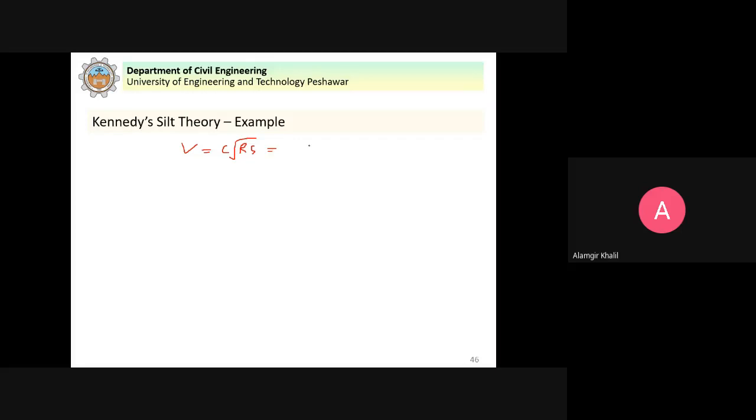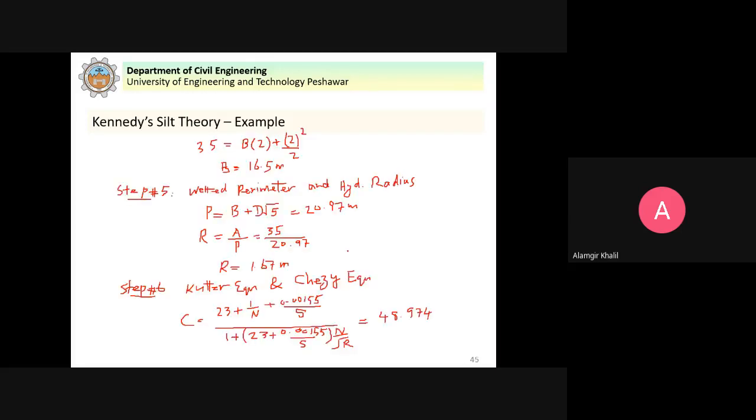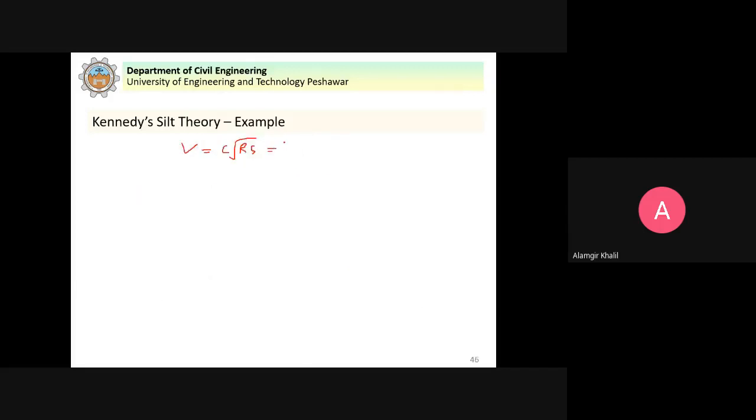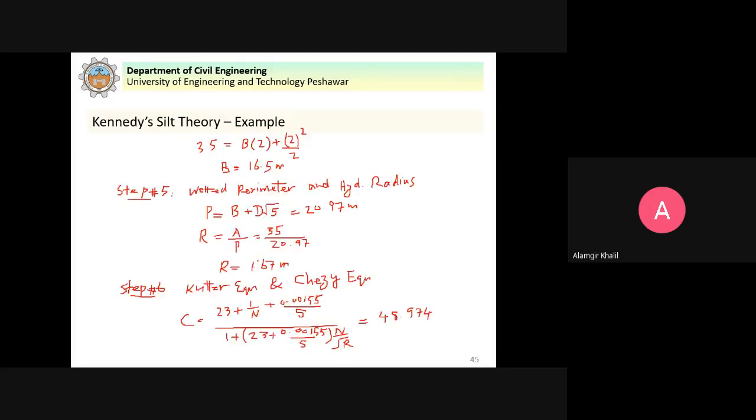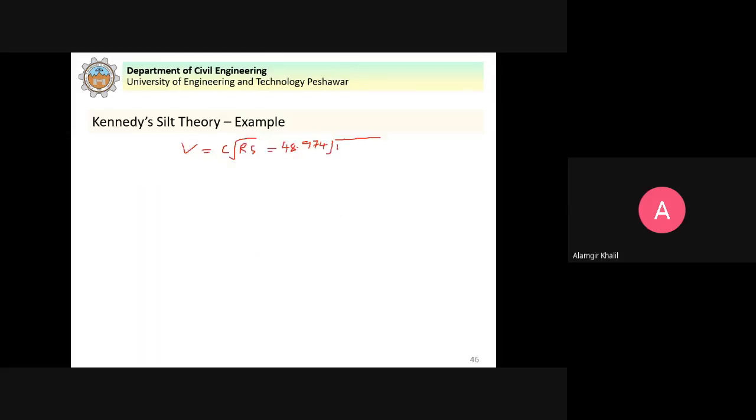C we just calculated, 48.974, into R, which we calculated as 1.67, and the slope is 1 in 5000.